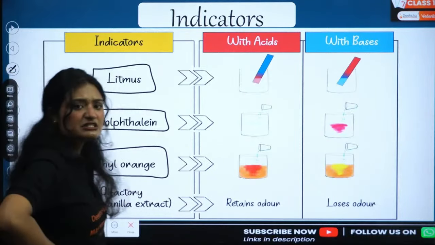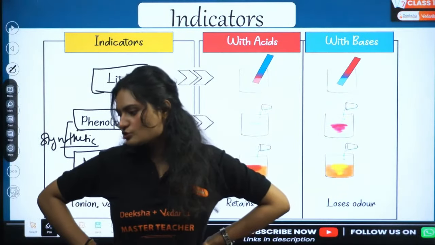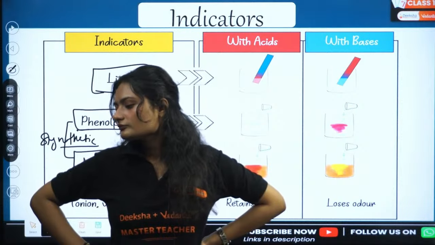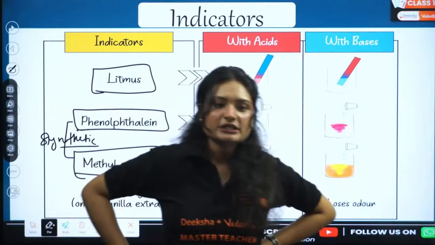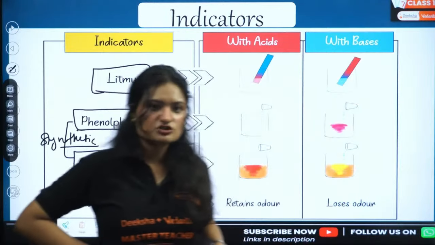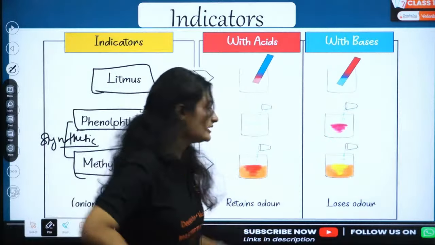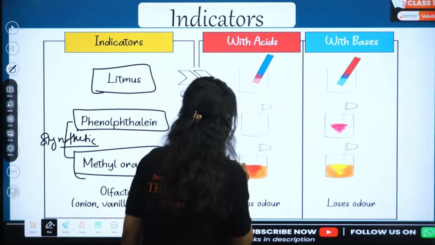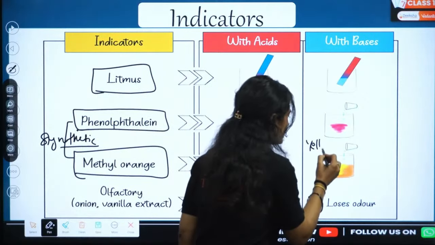Natural indicator, can you tell me some natural indicators? Yes, red cabbage is one. Apart from red cabbage, turmeric is also a natural indicator. Methyl orange in acidic solution gives red color, and in basic solution it gives yellow color.